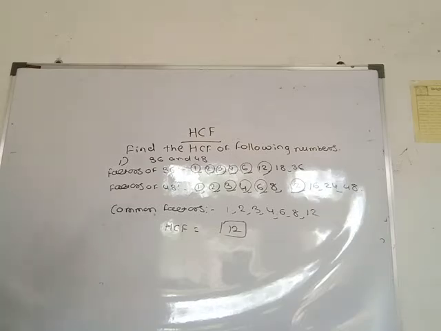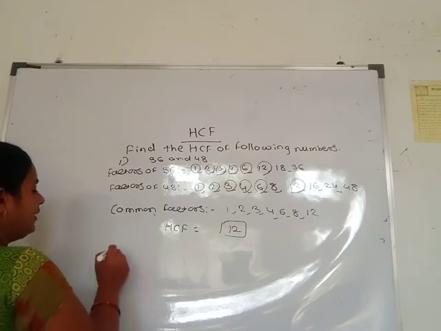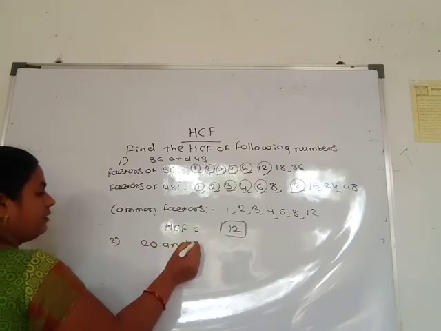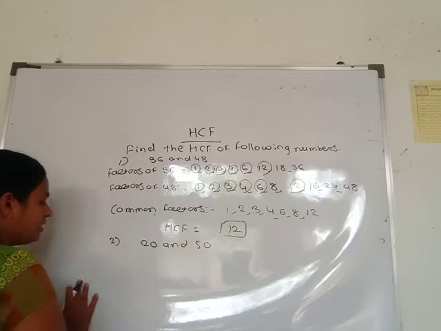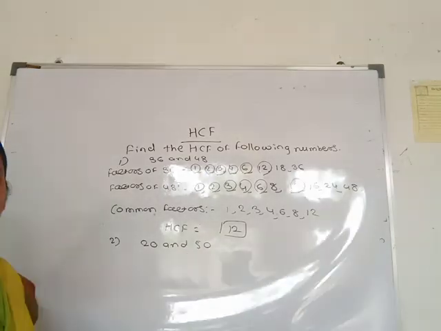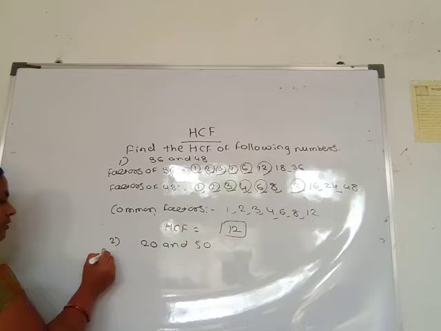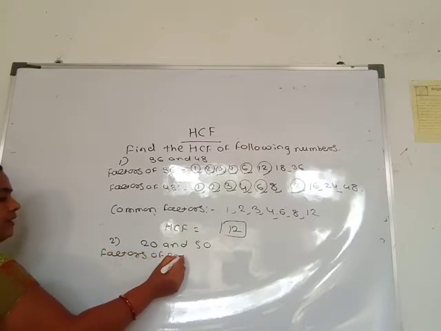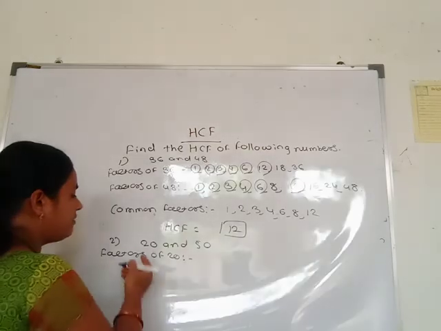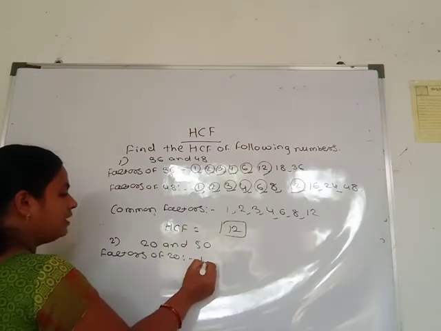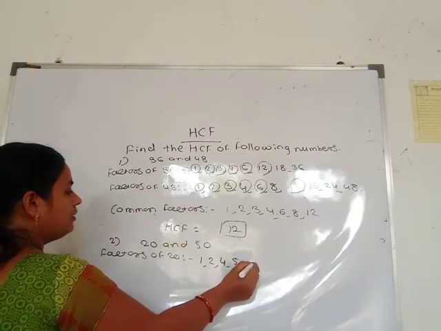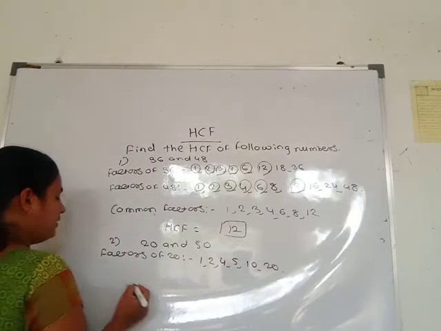See one more example, 20 and 50. Firstly you write the factors of 20. All the numbers that divide 20: 1, 2, 4, 5, 10 and 20.